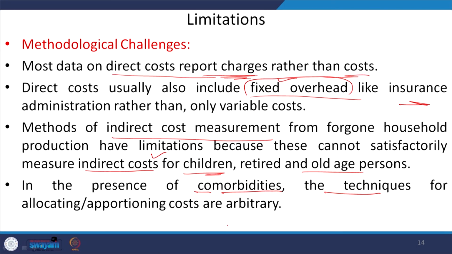If you are suffering from sunburn as well as cancer because of this particular environmental change, then you cannot actually apportion or allocate what costs you are incurring for the sunburn and what costs you are incurring because of the cancer.